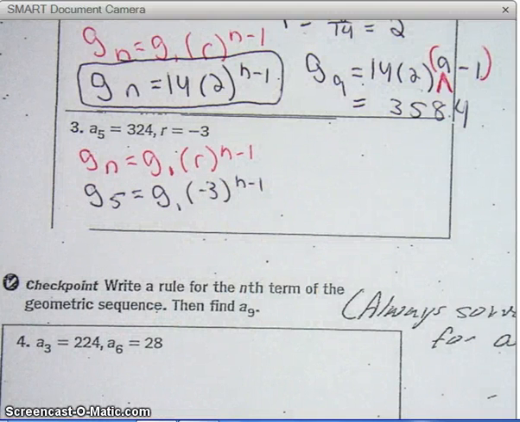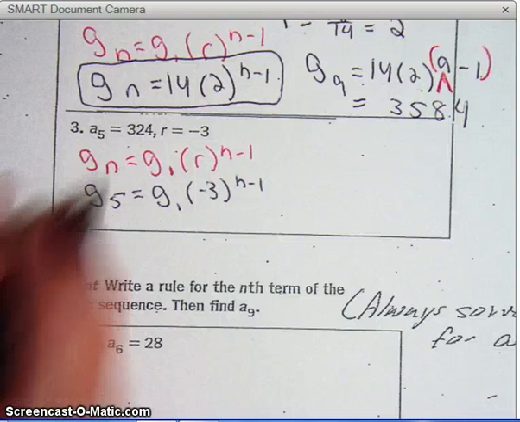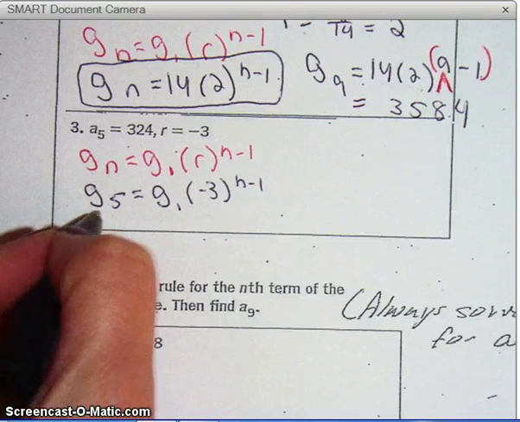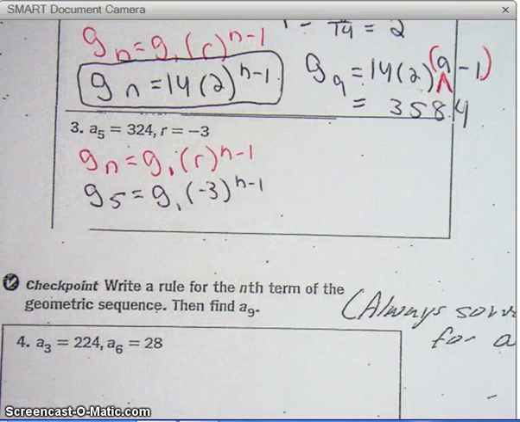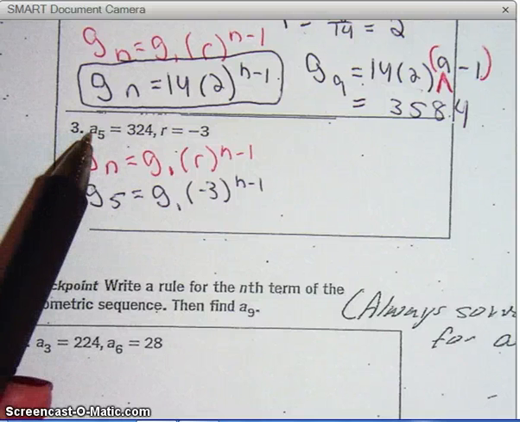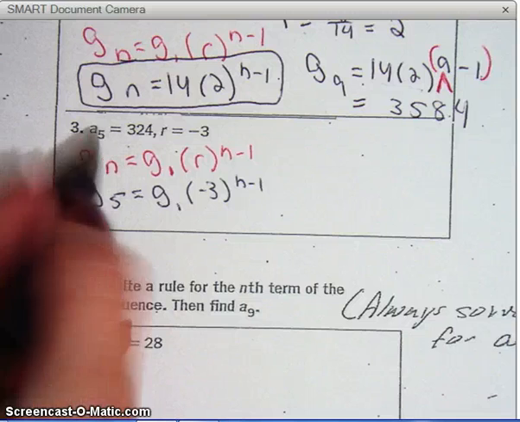And now, Miss Sierra, what number do we know G sub 5 is? So what answer is in the 5th position? 324, yeah.